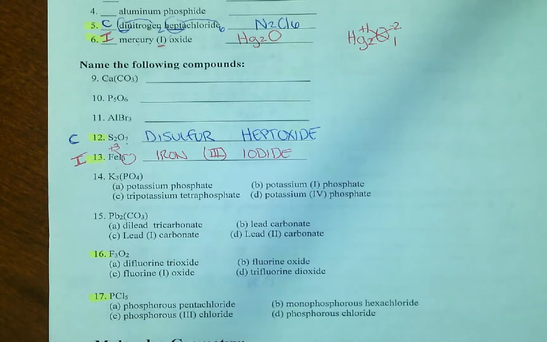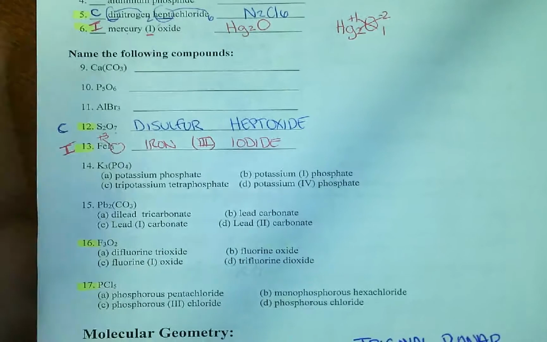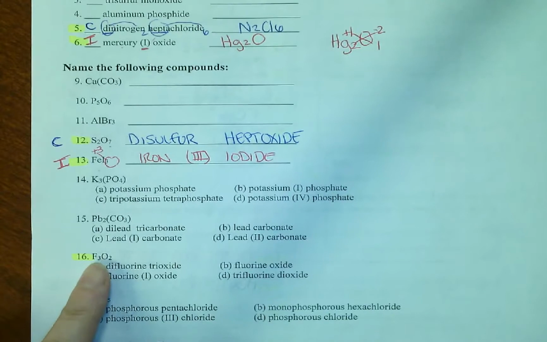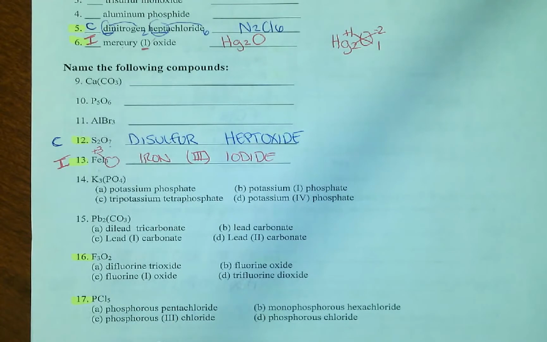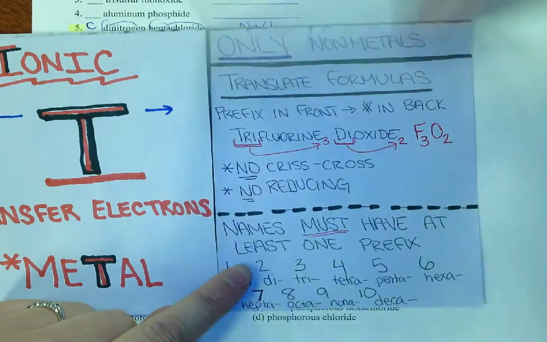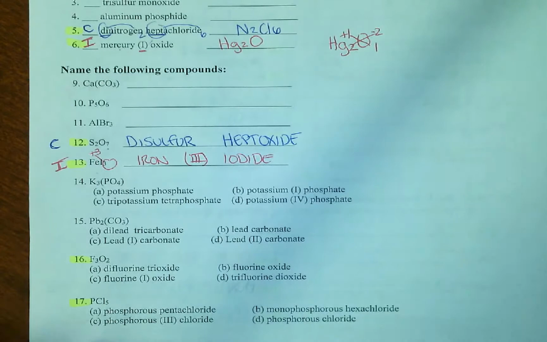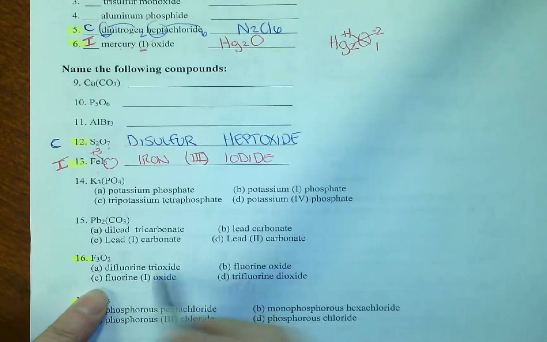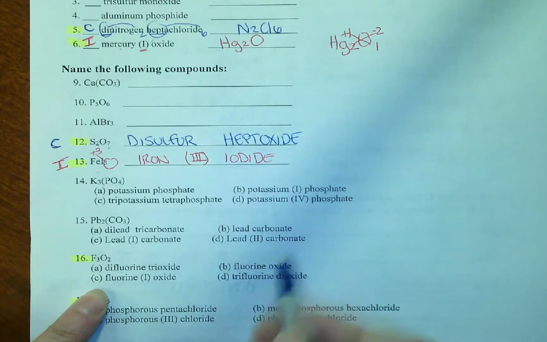Okay? Multiple choice means take out the garbage. Let's find our wrong answers. F3O2. If they are both nonmetals, then it's covalent. And covalent names must have at least 1 prefix. So we can find garbage this way. Fluorine oxide, there's 0 prefixes there.